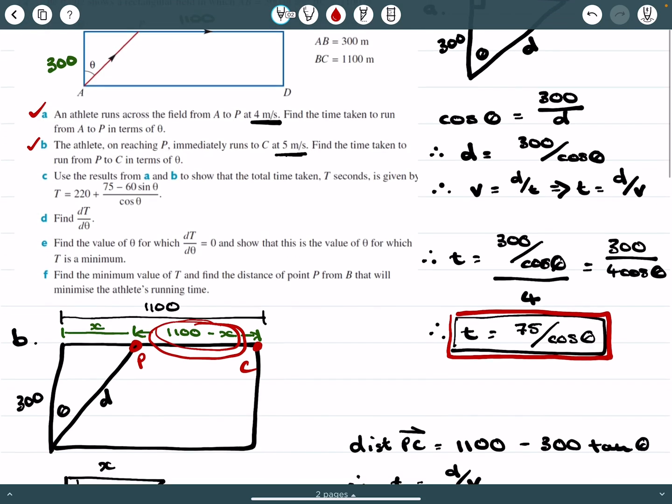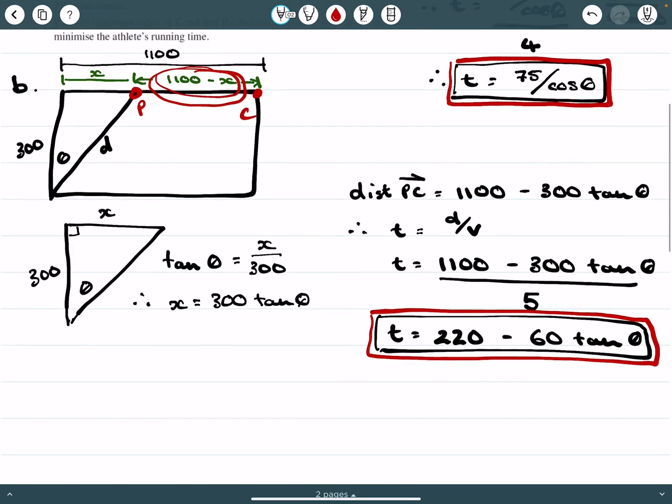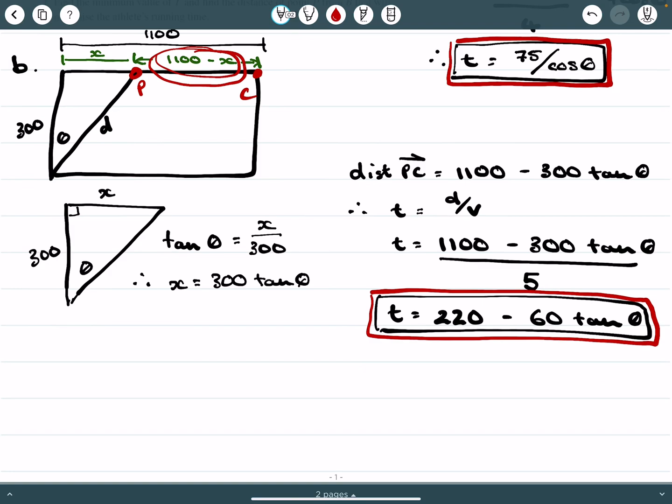Part C then says, use the results from A and B to show the time taken, t seconds, is given by 220 plus (75 minus 60 sine theta) on cos theta. Well, it sounds a little bit challenging, but the question is actually quite easy.